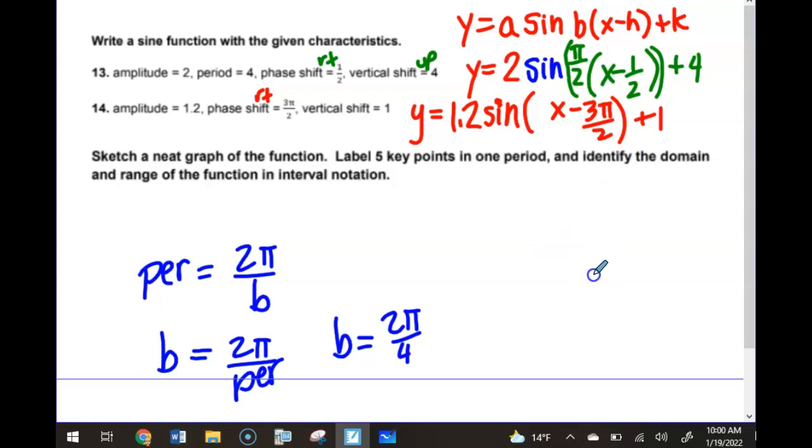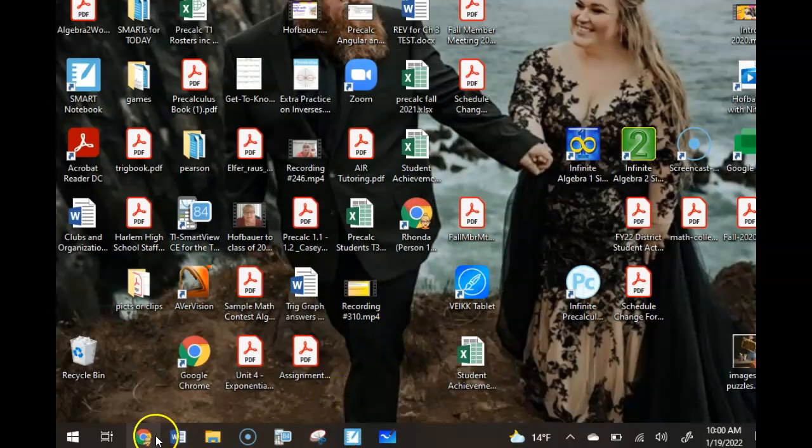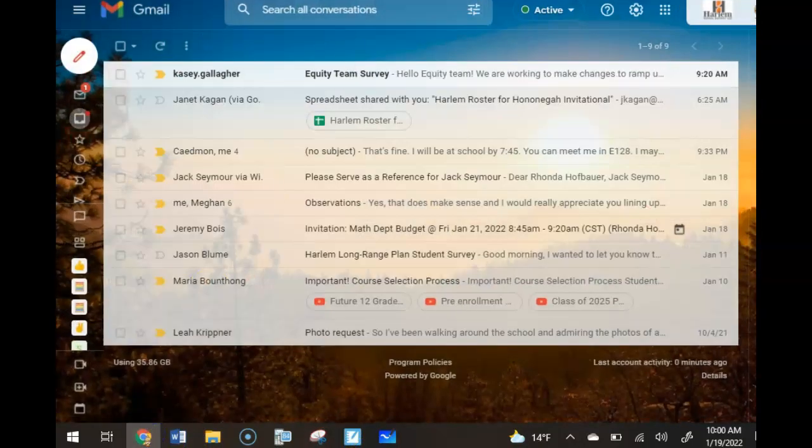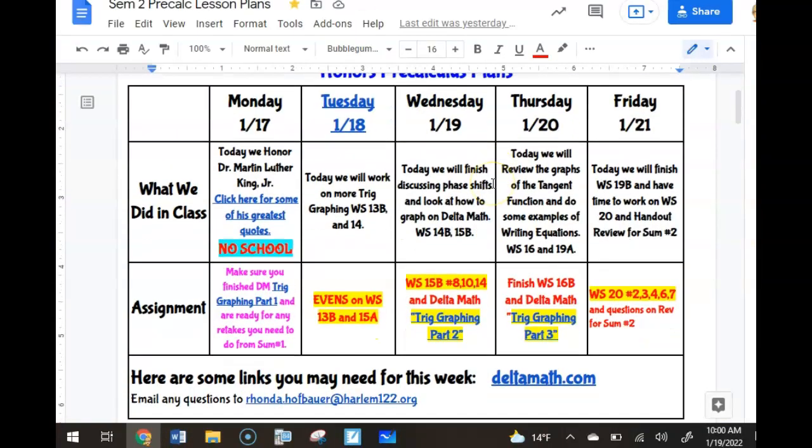All right. I need to look at the lesson plan because I don't remember if there's something else I have to go over today. Today we will look at phase shifts on Delta Math. 14.14b we did, and then it says 15b, but I think that's your homework, right? 15b, and then there's some Delta Math graphing part 2.